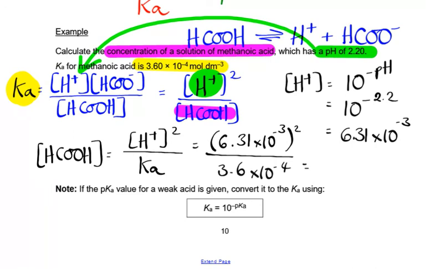And if you've done everything right, then we're looking at 0.111 moles per decimetre cubed, and that's to 3 significant figures.